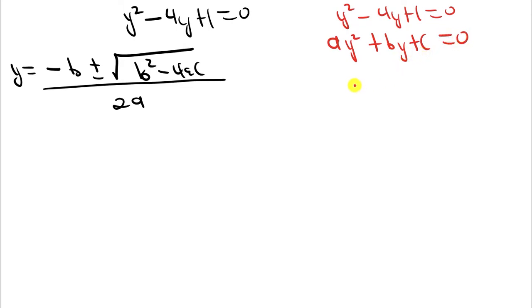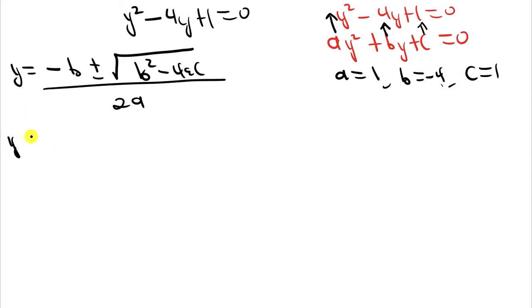Per comparing, a is the coefficient of y squared, b is the coefficient of y, and c is the constant term. So a is equal to 1, b is equal to minus 4, and c is equal to 1. We substitute these parameters into the formula.